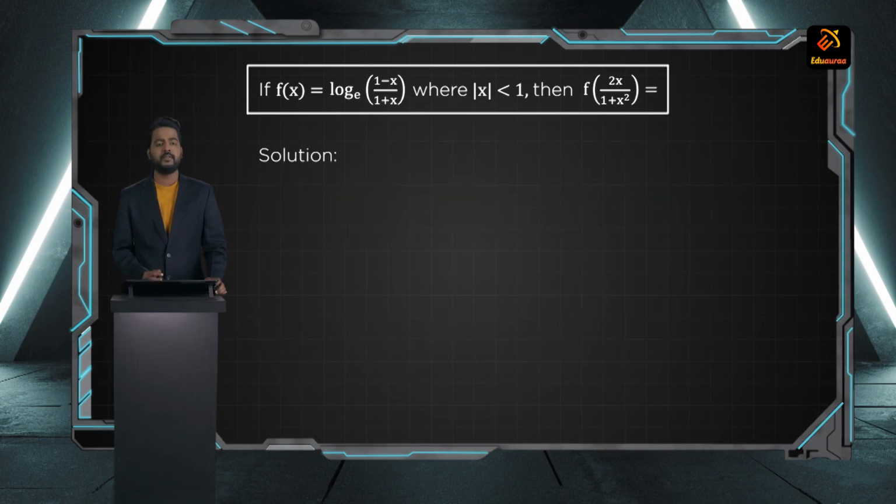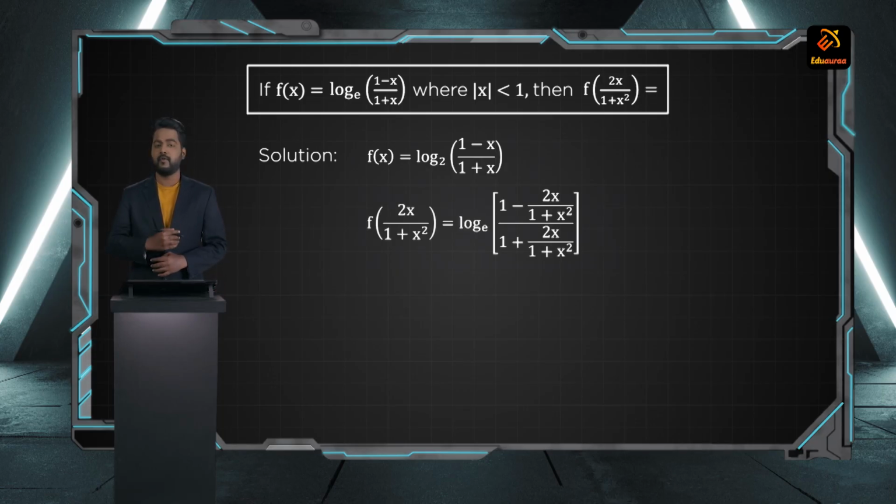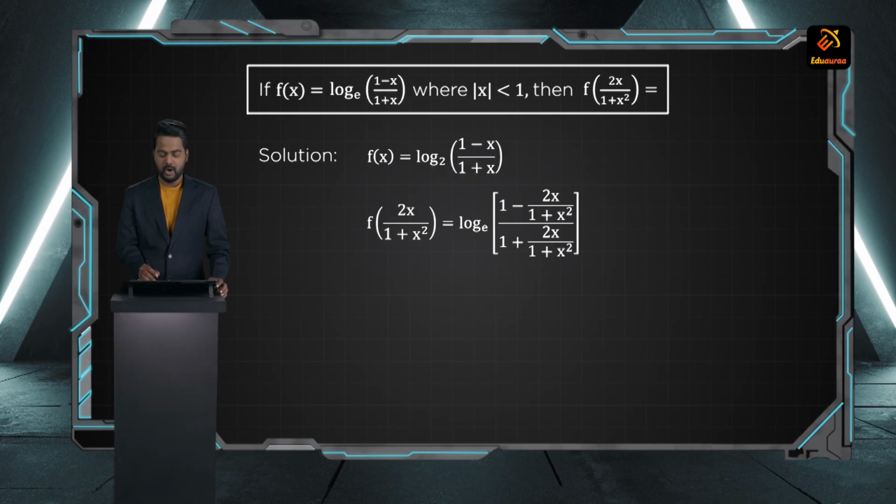Now, according to the given question, f of x is equal to log of (1 minus x) upon (1 plus x) to the base of e. And now we have to find f of 2x upon (1 plus x square). So substituting 2x upon (1 plus x square) instead of x, it will be equal to log of (1 minus 2x upon 1 plus x square) the whole upon (1 plus 2x upon 1 plus x square) to the base of e.